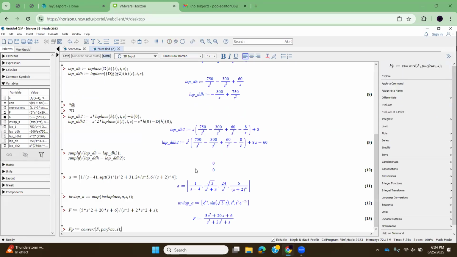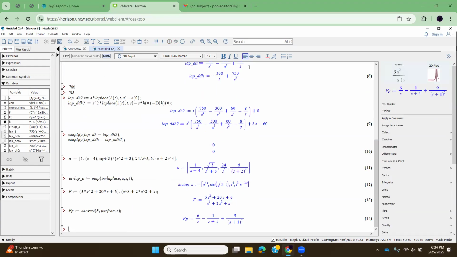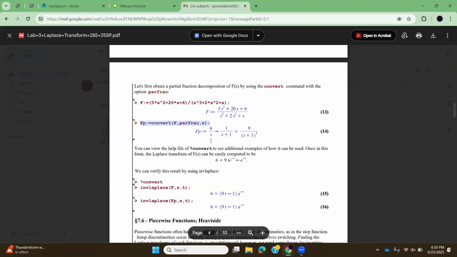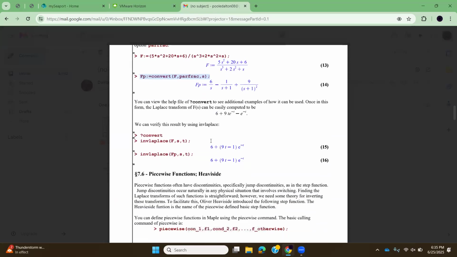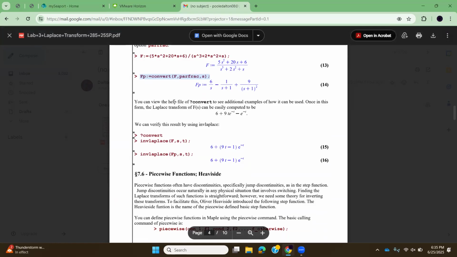You're calling it as f using parfrac and saying it's with respect to s so that Maple knows to convert it with respect to s, and then bam, it does it for you. So that's cool. And this is basically just saying you can use the help thing to see how convert can be used in different ways.